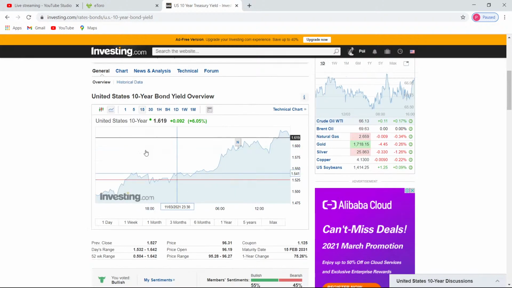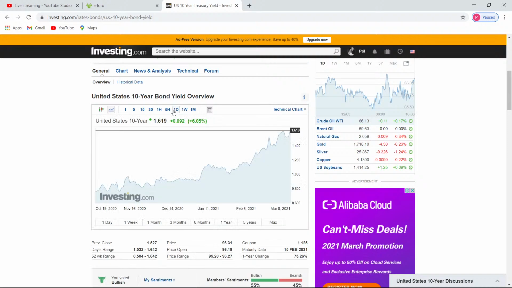It has actually been increasing for a very long time now. Basically, beginning all the way back in October, we have been in uptrends, and in the beginning of 2021 it has certainly really taken off. And this is a massive headache for stocks and so on.